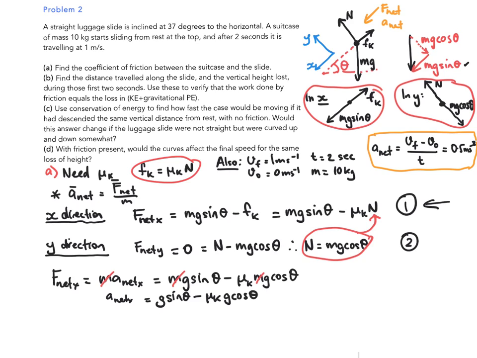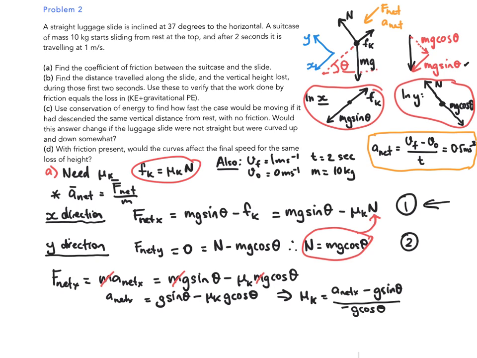We now just have to solve that for mu k, which means we subtract g sine theta from both sides and then divide through by g cos theta. So we can rearrange this to get mu k by itself: mu k equals a net x minus g sine theta, all over negative g cos theta.